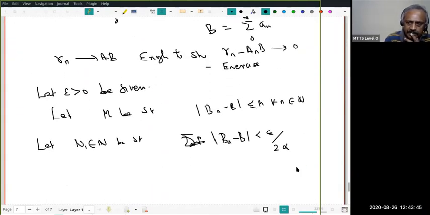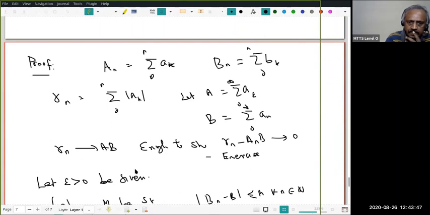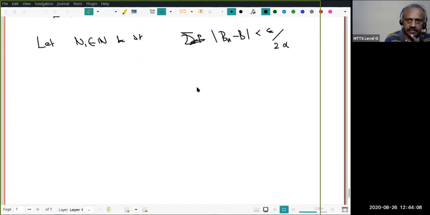Because remember, alpha is also defined. Okay, maybe it's not defined. Let alpha equal to summation, no, sorry, this is alpha n. I said alpha n, but I wrote gamma n. Let alpha equal to summation mod a_n, which is the same as saying limit of alpha n, for all n greater than or equal to N1.